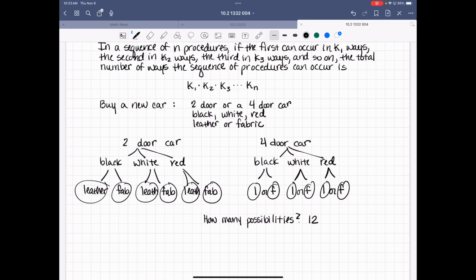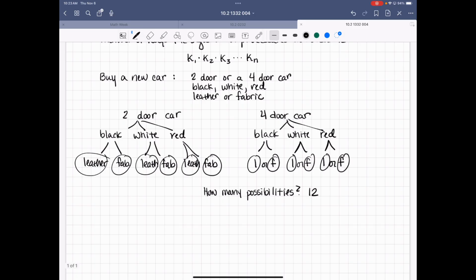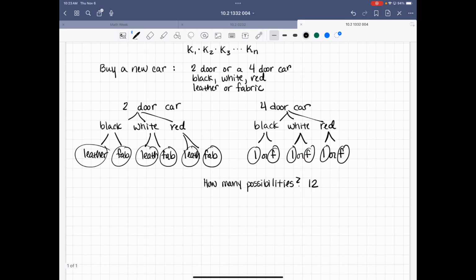Now, for every scenario, you don't want to have to do that. You don't have to write all the different options out. So what the fundamental counting principle says is, first slot, how many doors are there? Different car doors. There's a two-door and there's a four-door, right? So there's two different options. And it says, on the color, how many colors are there to choose from? 3.